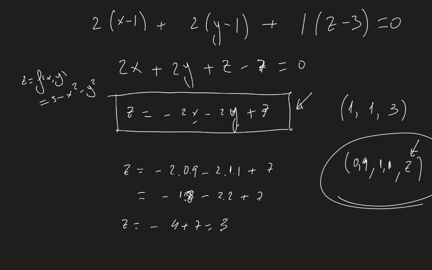Minus 4 plus 7 is 3. So if you move through the plane, you don't change the z.